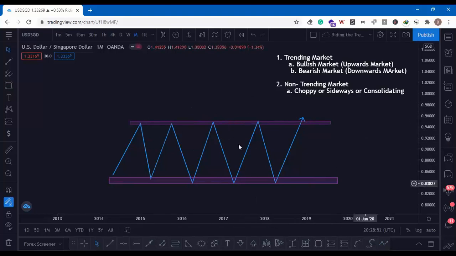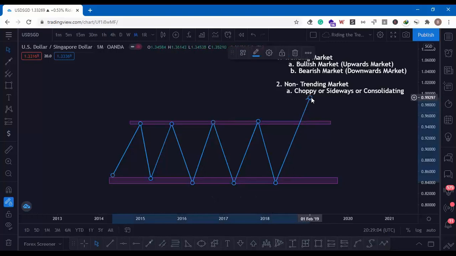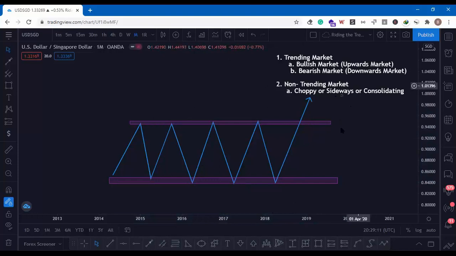Even though there is a way to trade within this market, usually it's advisable to ignore and find a trending market to trade, or wait for price to break out of it, like this one breaking out, before you trade, because when it breaks out, it's usually going to form a trend, either going upwards or coming downwards.